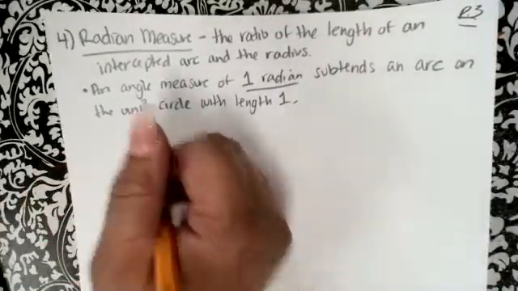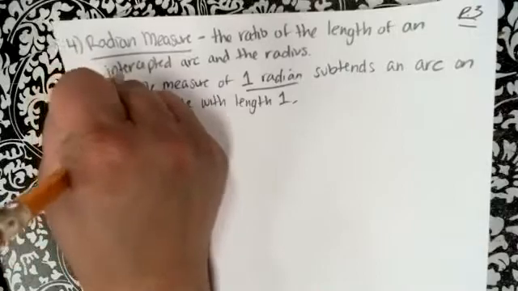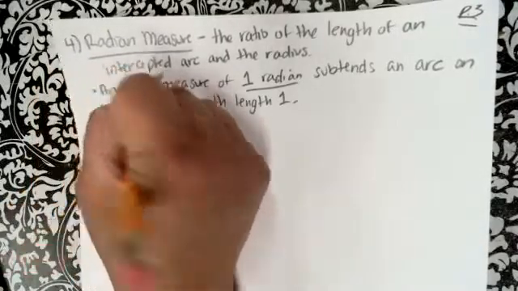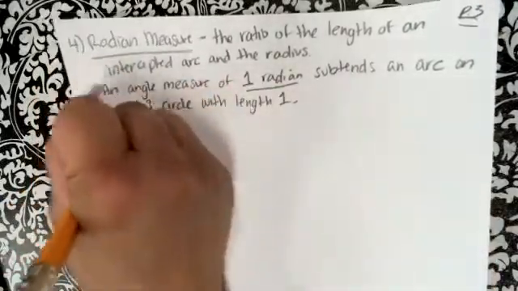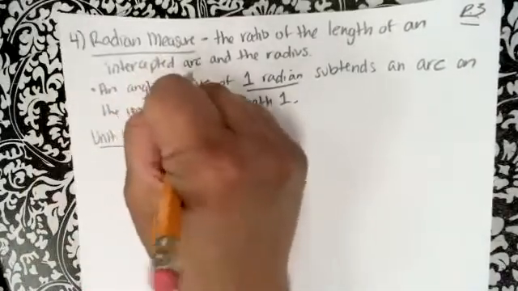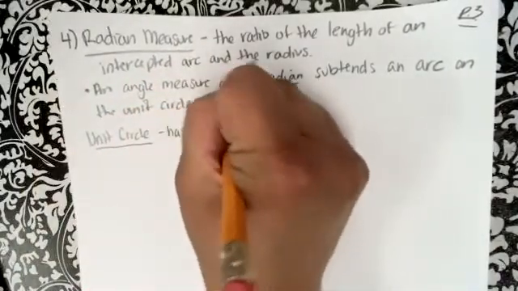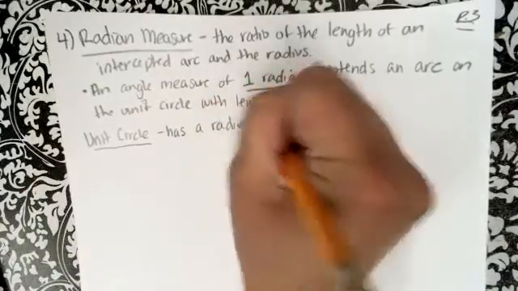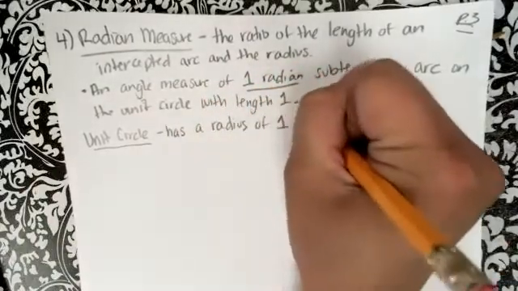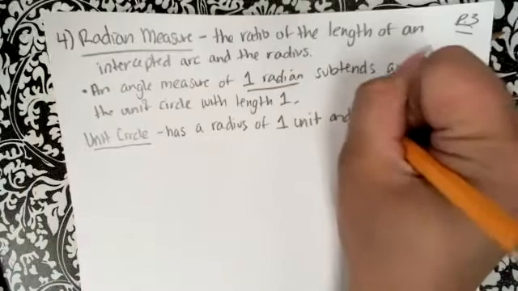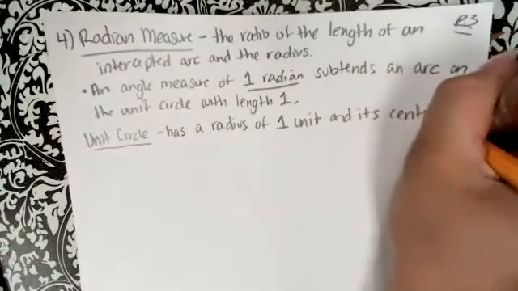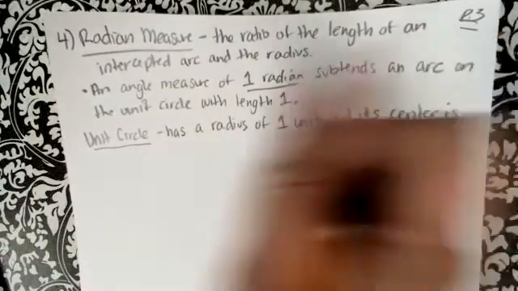Now the unit circle has a radius of 1. That's why it's called a unit circle. And its center is at the origin 0, 0.